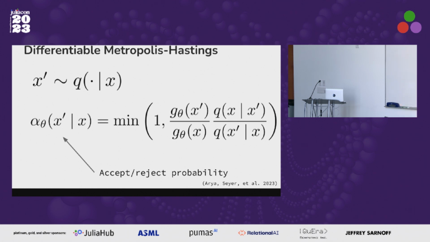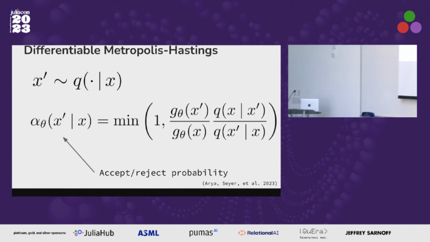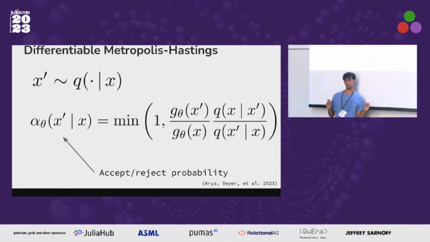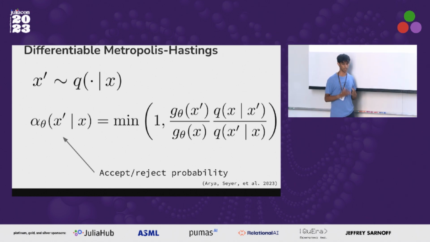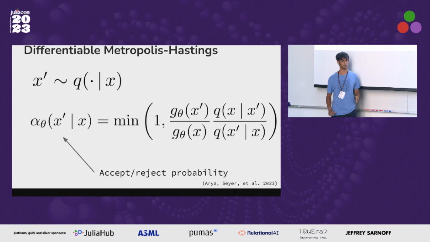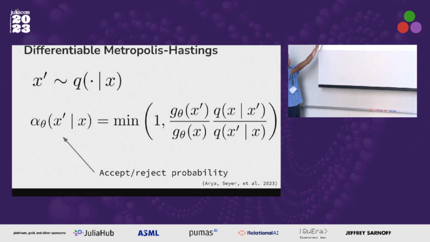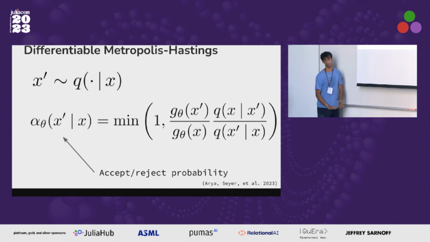Basically the setting of Metropolis Hastings is you have an intractable target density, which is intractable in the sense that you don't know its normalizing constant. But you can evaluate ratios. You can say how much more likely was x prime compared to x, and that appears in this accept-reject probability.